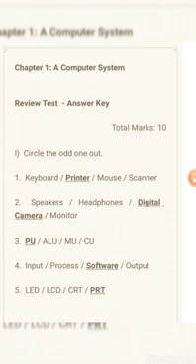There is no place for software. Number 5, LED, LCD, CRT, PRT. Here also the odd one is PRT because we learnt about 3 types of monitors: LED monitors, LCD monitors and CRT monitors. There is no PRT monitor.